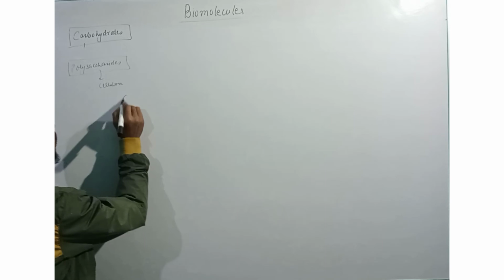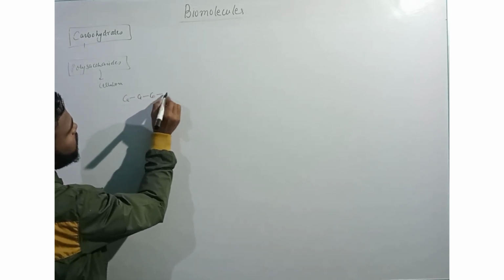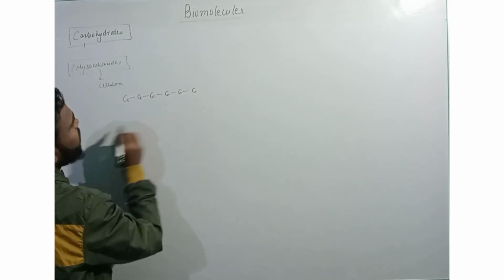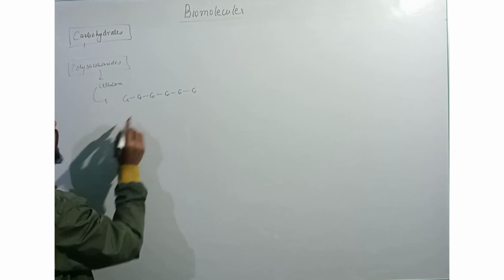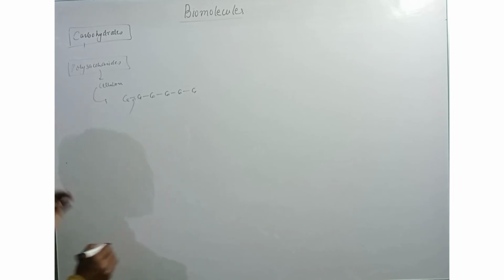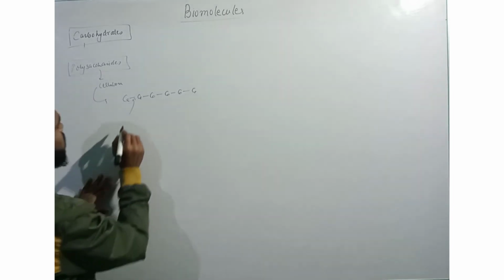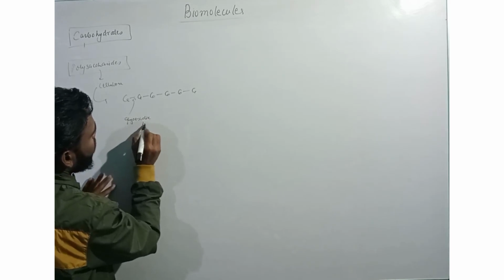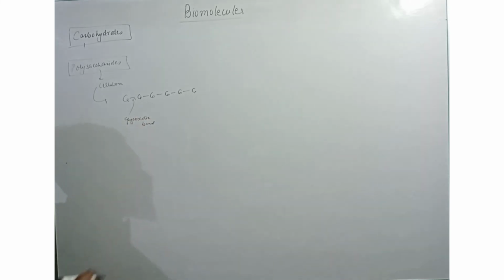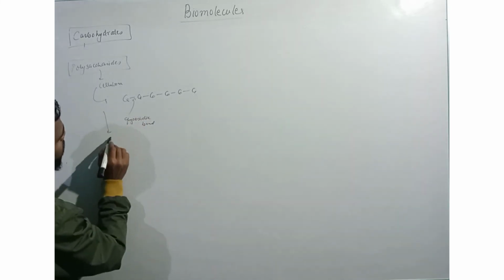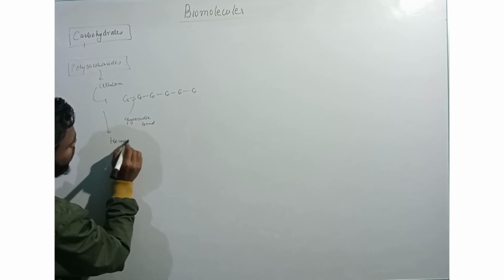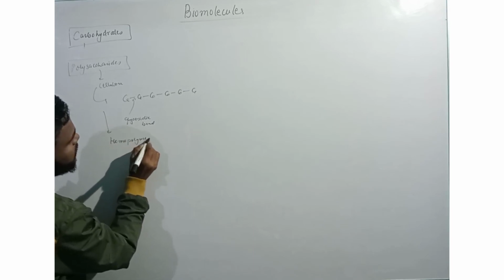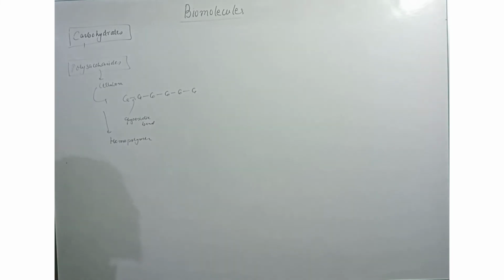All the glucose units are linked by glycosidic bonds, and that's why cellulose is called a homopolymer, because a single type of monomer is repeated several times.